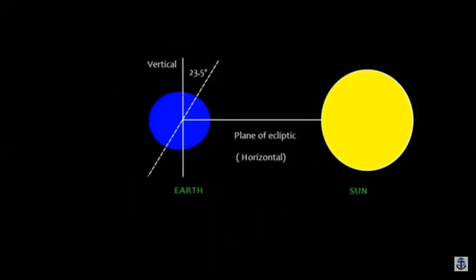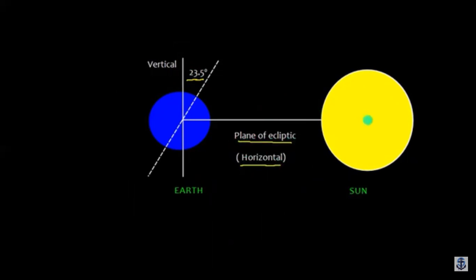Now let's see the tilt of the Earth. Earth is tilted 23 and a half degrees from the vertical. So how do we determine vertical? For that, let's see horizontal.